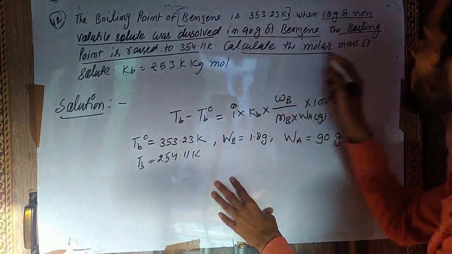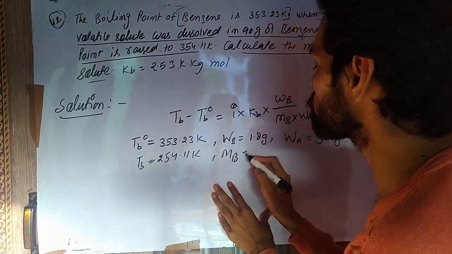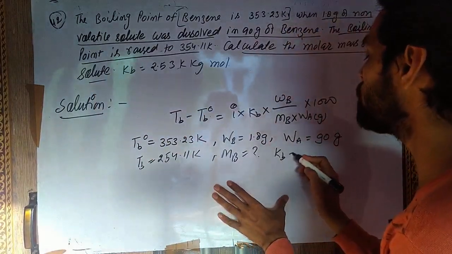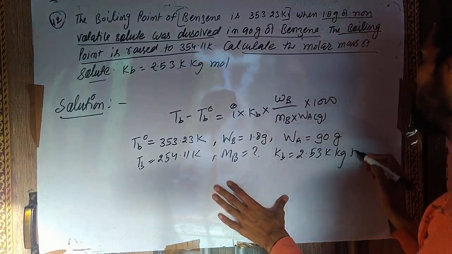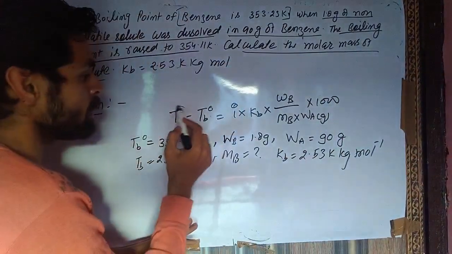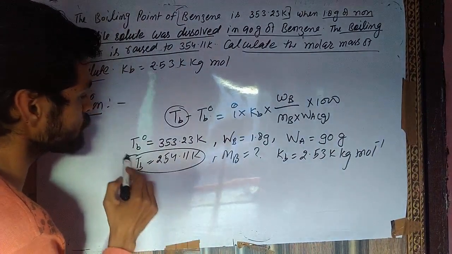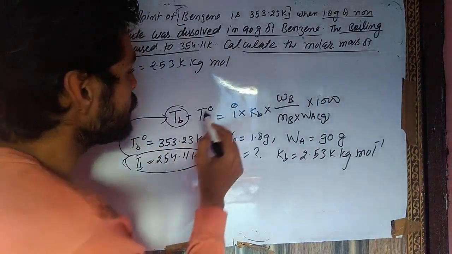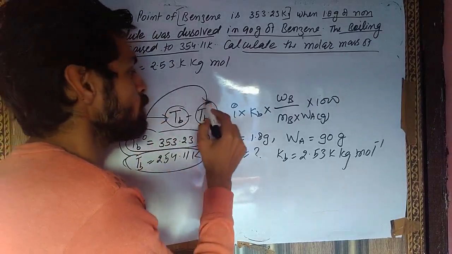Now calculate the molecular mass of solute. MB, the molecular weight of solute, is the question mark, and KB for benzene is given to you, 2.53 Kelvin kilogram per mole. So here TB is given to you, you will put this value here, and TB naught is also given, you will put this value here.